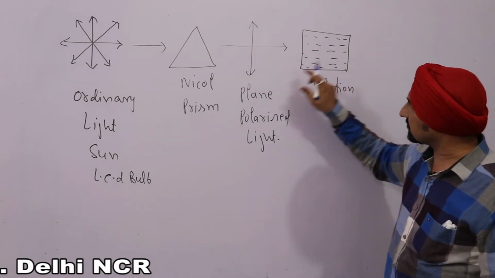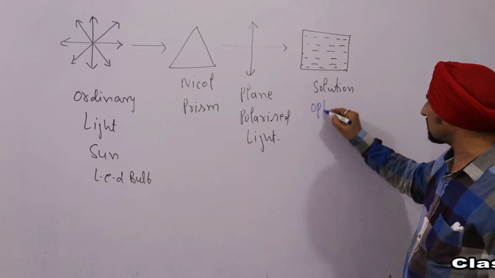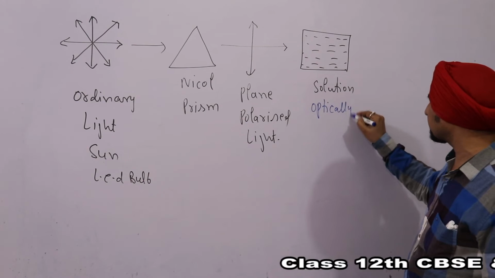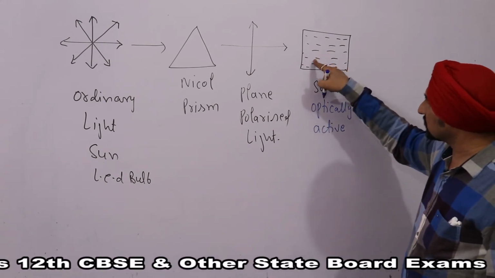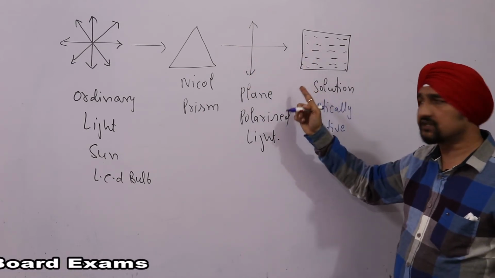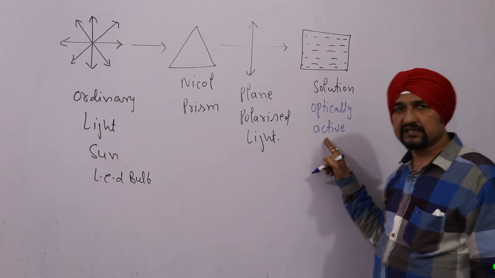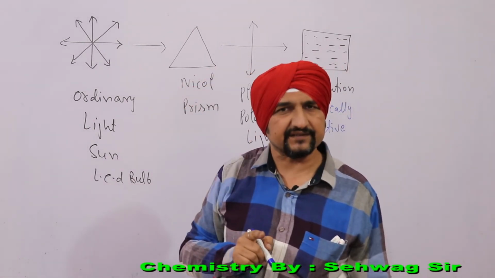If the solution rotates this plane polarized light, then it will be optically active. And if this solution does not rotate the light in any direction, then it will be optically inactive, and this property is known as optical activity.